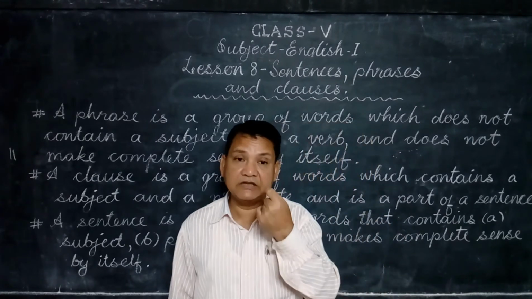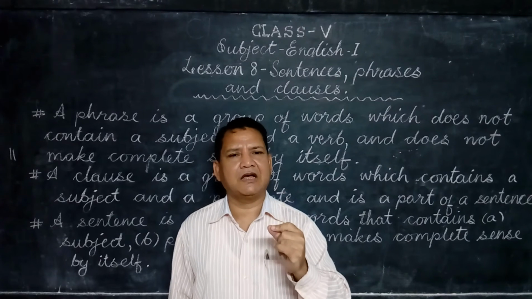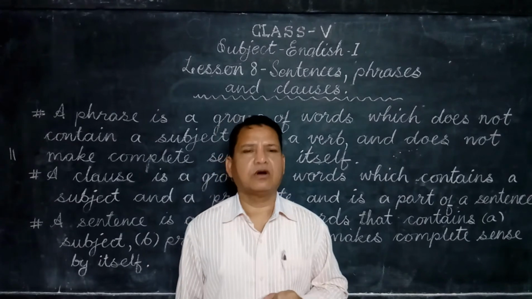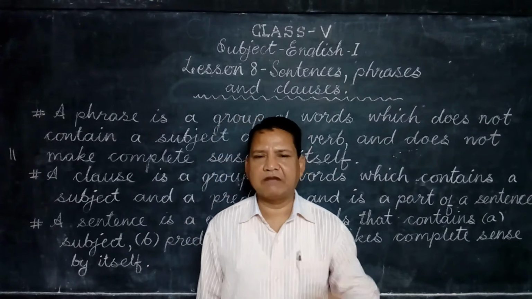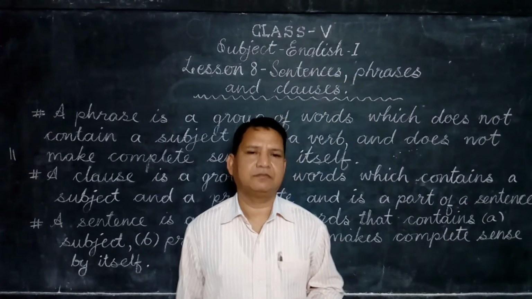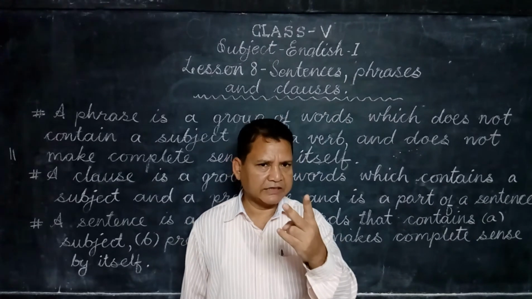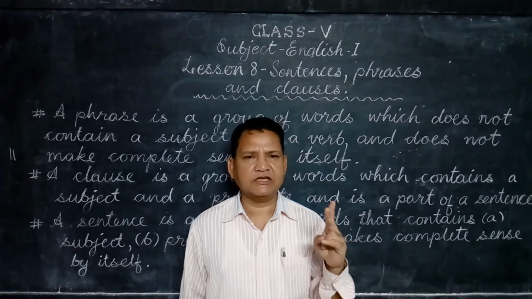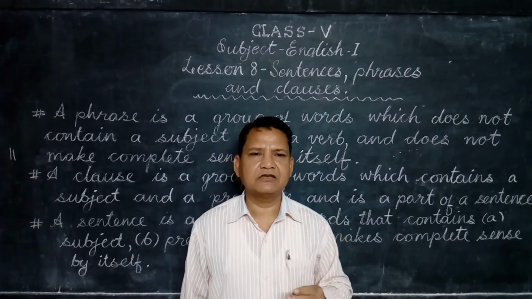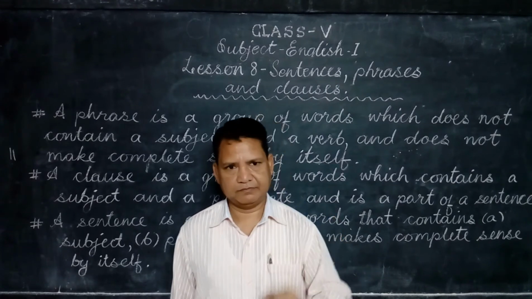A phrase will give you just a little idea, some hint, because a phrase does not have a subject and a verb. Two things are not there in the phrase.